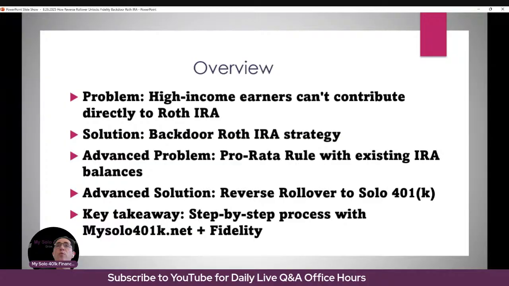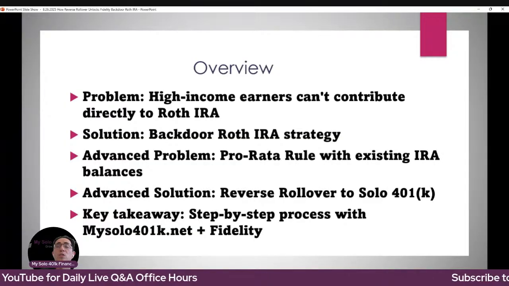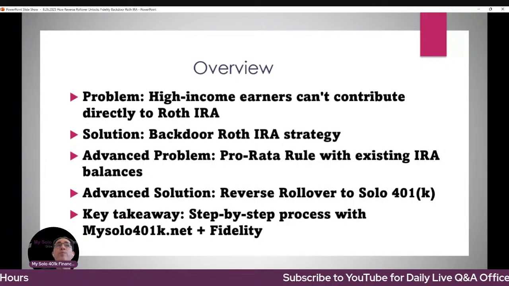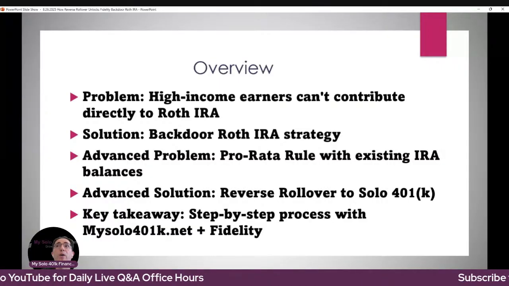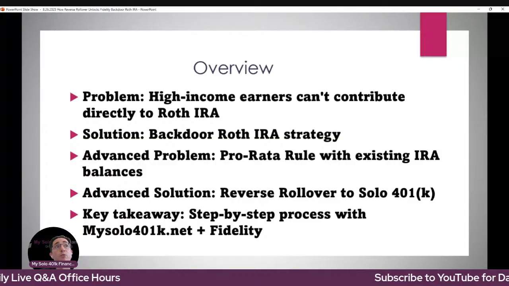So under the pro-rata rule, if you have a mixture of pre-tax money, so deductible money, as well as after-tax non-deductible money in your IRA, when you transfer the funds from the traditional IRA to the Roth IRA, you need to transfer a pro-rata amount of the pre-tax as well as after-tax money.